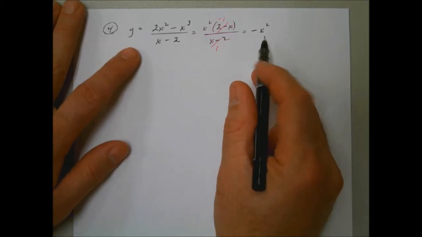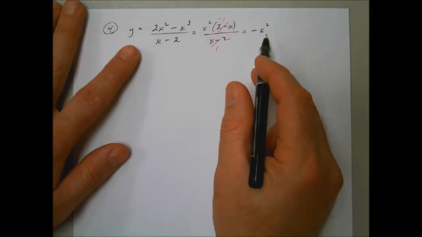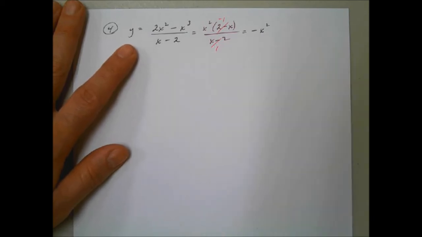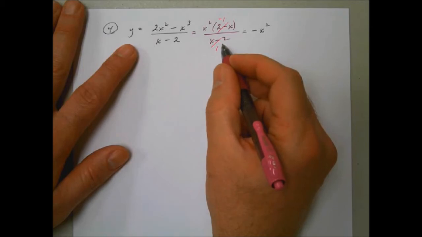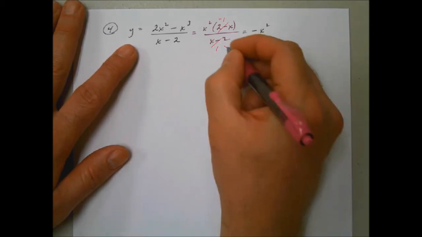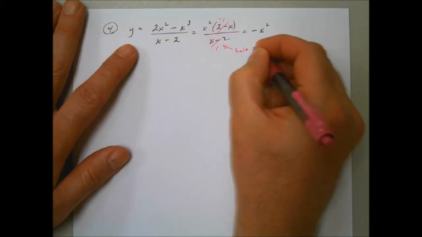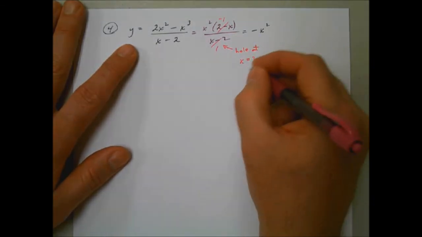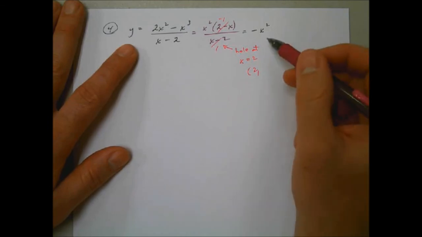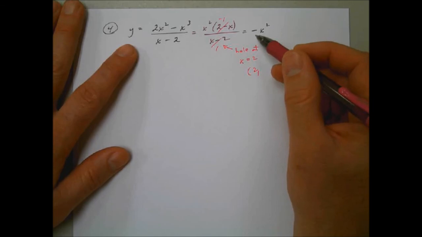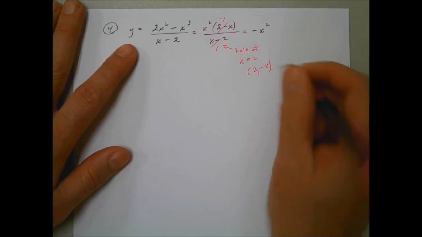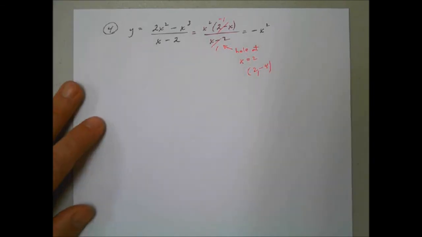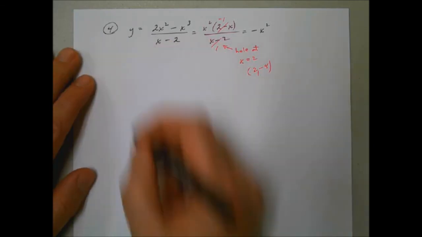Really, this is negative x squared once we reduce it. Y equals negative x squared, which is simply a parabola opening down. But remember the zero in the denominator that was reduced. So there's a hole at x equals 2, specifically at 2 comma, now plug the 2 into the reduced equation: 2 squared is 4 times negative 1, so negative 4. Hole at 2, negative 4.